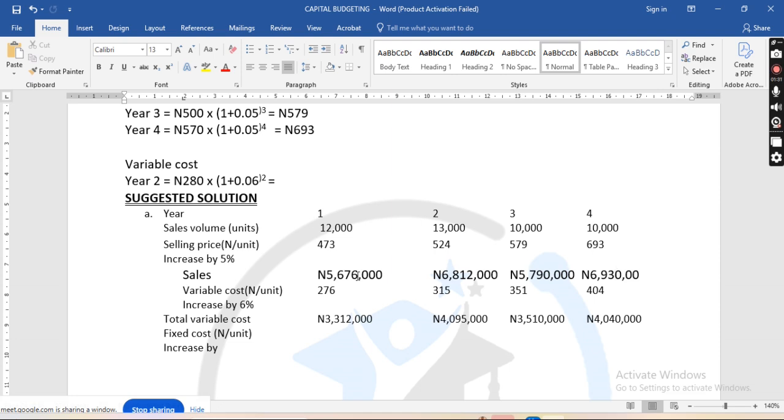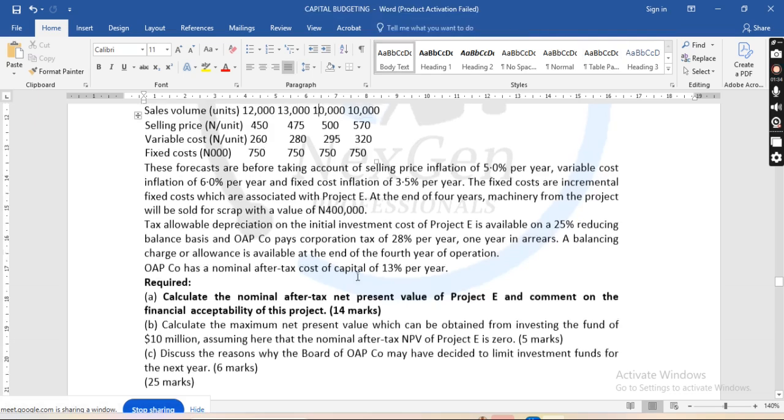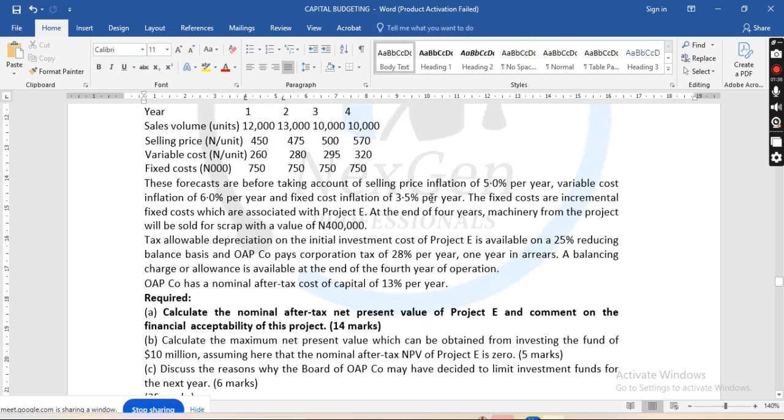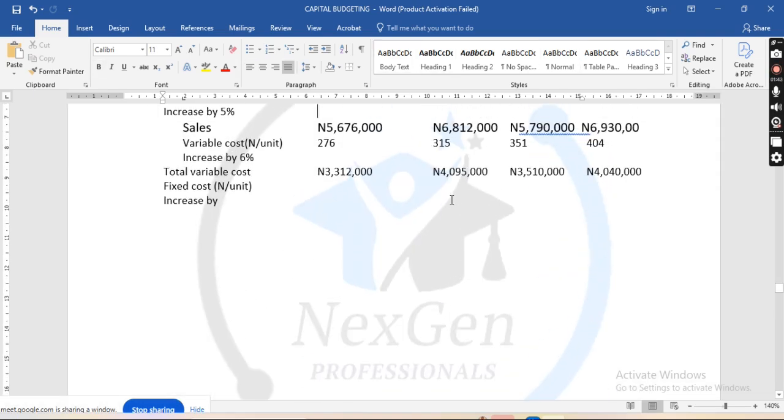Now the fixed cost will increase by what? The fixed cost will increase by 3.5% per year, right? Please mute your mic. We increase by 3.5%, so do the same thing.